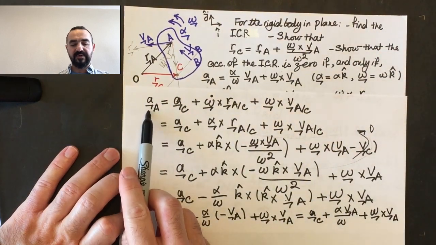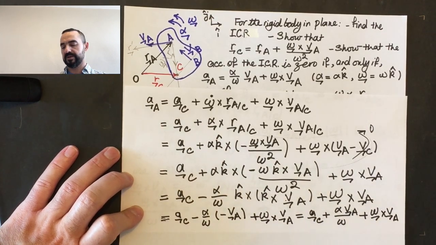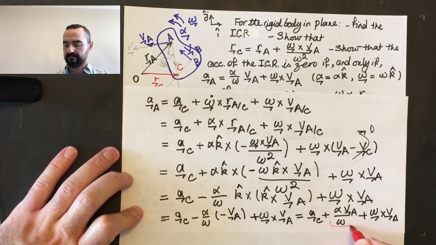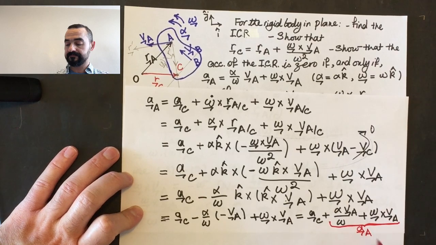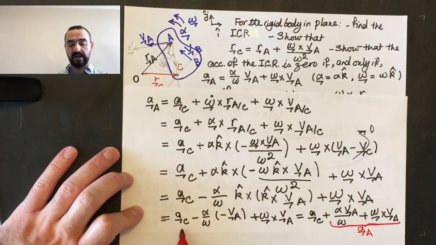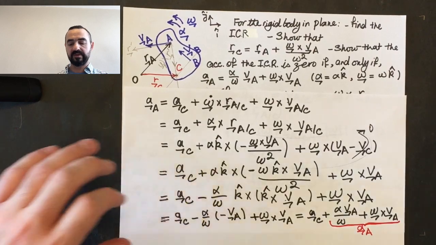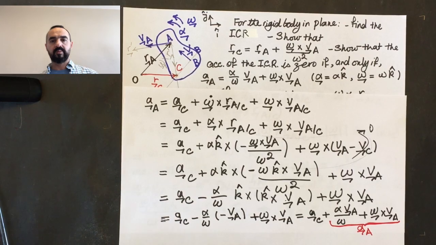Because now if the left-hand side, which is A A, is equal to this expression, then A A cancels with A A on the left-hand side, and your A C is going to be equal to 0. This has been a long problem.